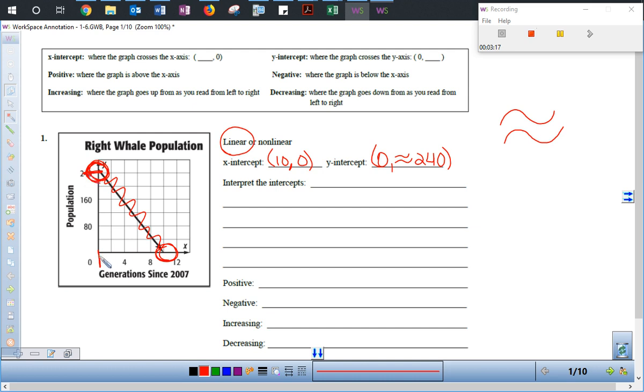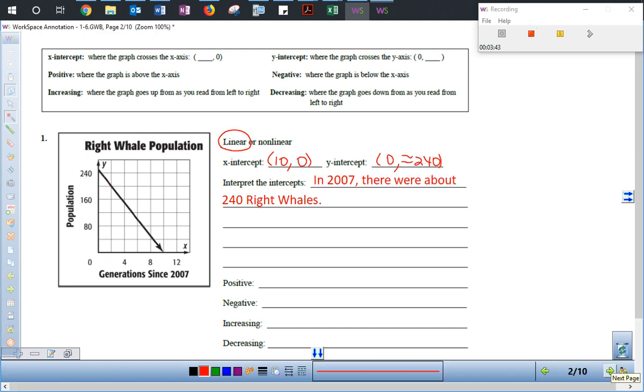So 0 on the x-axis was representing generations since 2007. So to me, that means that 0 generations after 2007, well, that means we're talking about 2007. So in 2007, there were about 240 right whales. Again, if you need to pause the video to write this down, you are welcome to do so.